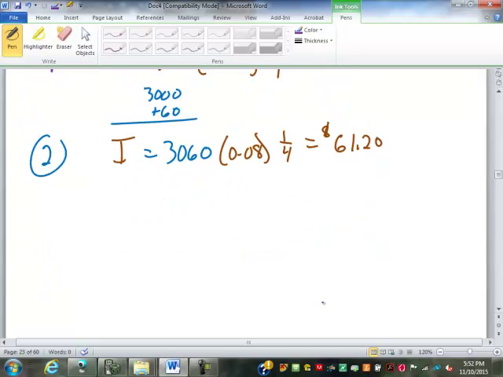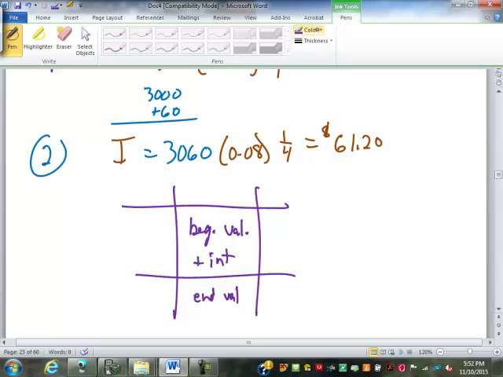Well, when we did percent problems, we looked at increases. In this case, we have a beginning value each period. We're going to add interest to it, and then we're going to have an ending value each period. We have percents and we have dollars. On the percent side, the interest is actually right here. 0.08 times 1/4 is 0.02.